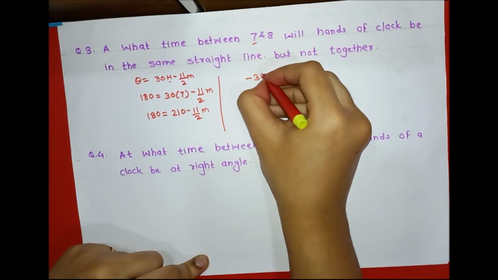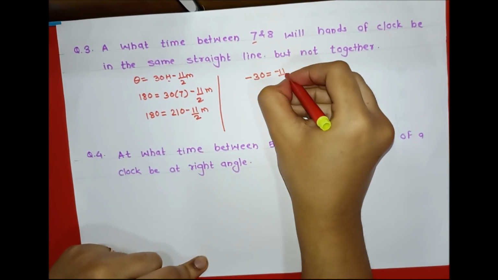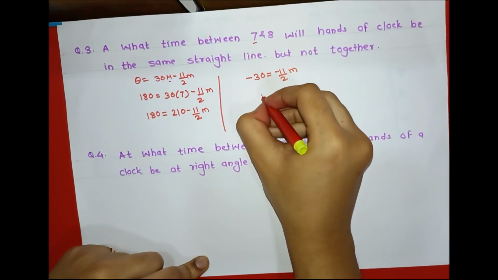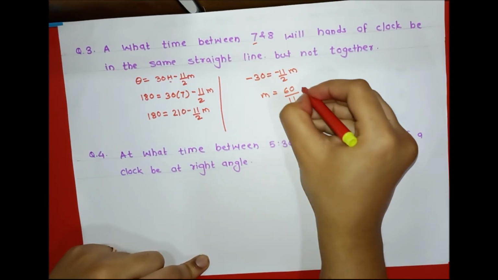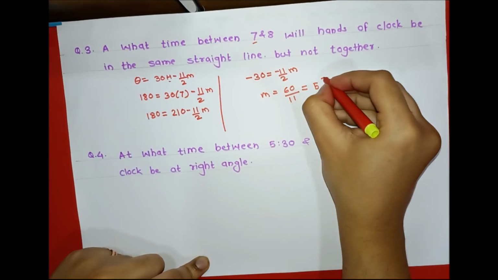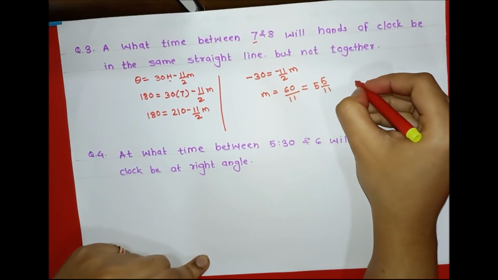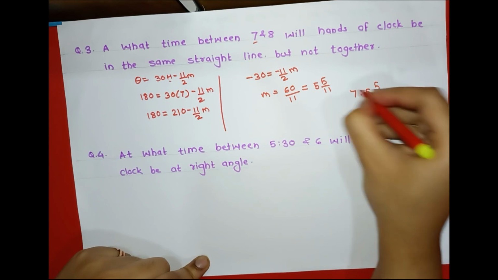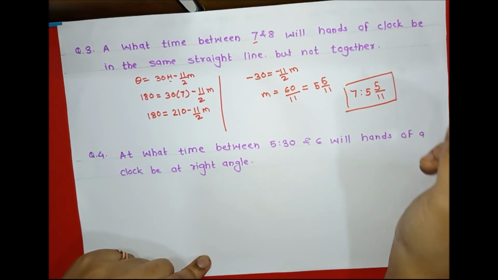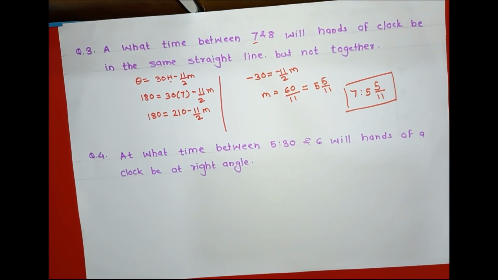It comes to minus 30 is equal to minus 11 by 2 m. So your m is equal to 60 by 11, which is 5 by 11. So at 7 5 by 11, the hands of the clock will be in a straight line and they will be opposite to each other.